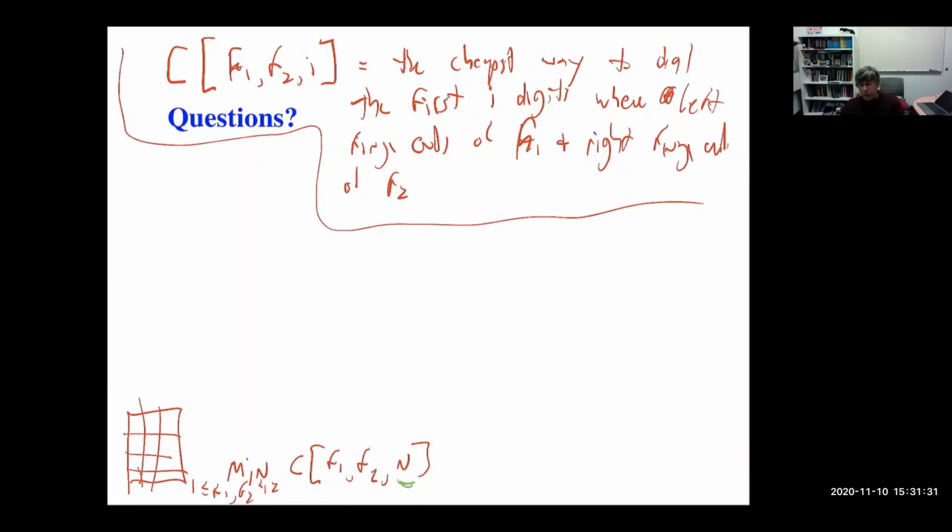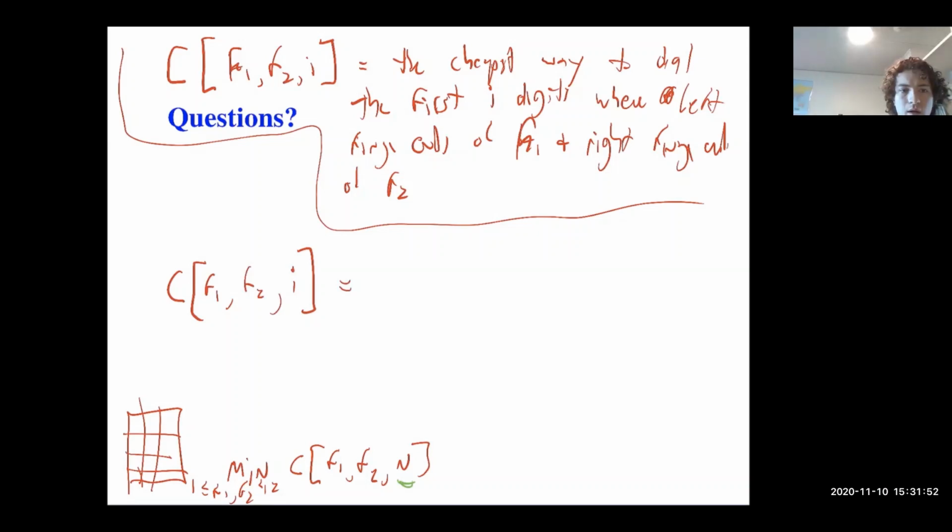So if that is true, what is the cost of dialing the first I digits ending up at F1 and F2? What is the cheapest way of doing that? Can anyone start to sketch what a recurrence like this might be? I have an idea.